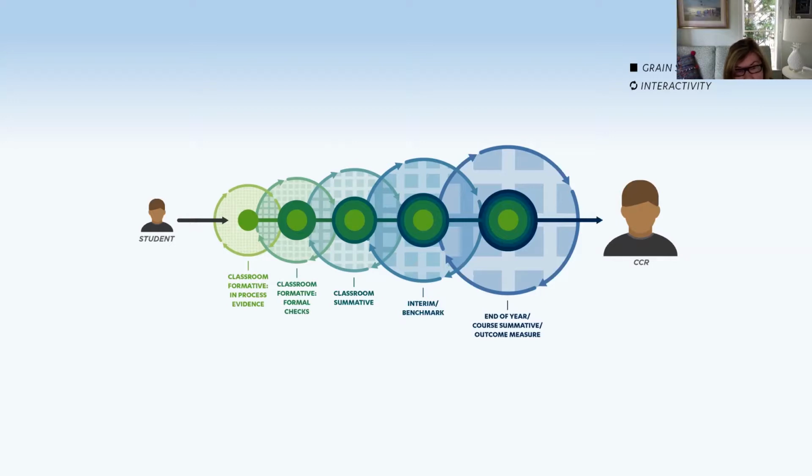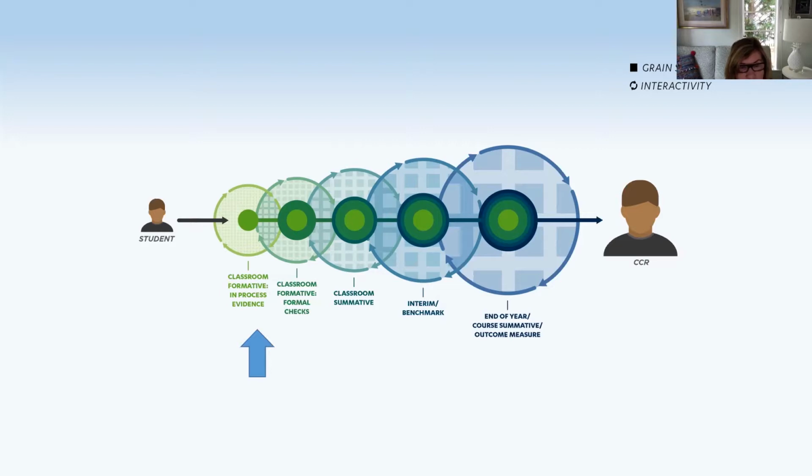We can see that the smallest grain size, that is the circle closest to the student, is where classroom formative assessment takes place. And the largest grain size at the other end of the continuum is the end of the year, the annual summative assessment. And that's the largest grain size because it covers a whole year's worth of learning.